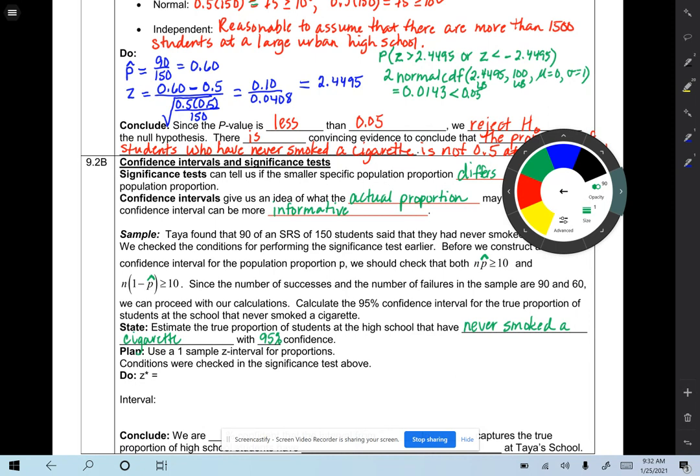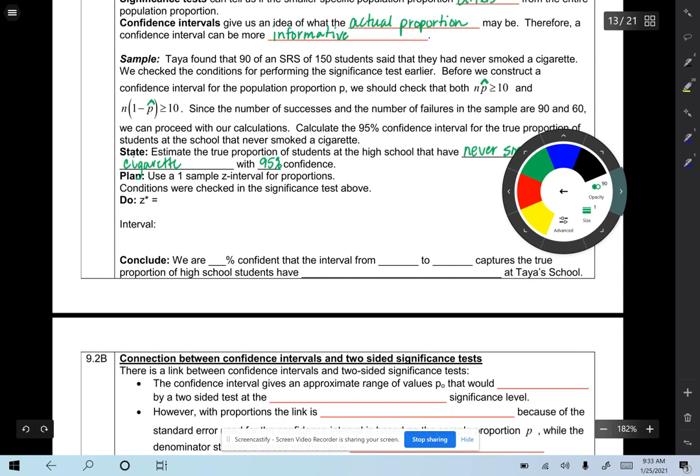Conditions were checked in the significance test above. The only thing that we needed to check was the normal condition, which we said 90 and 60 are both greater than or equal to 10. Then we're going to calculate our Z star. Our Z star was calculated by doing an inverse norm. Since you have 95% confidence, you had 5% left over, which we divided by 2.